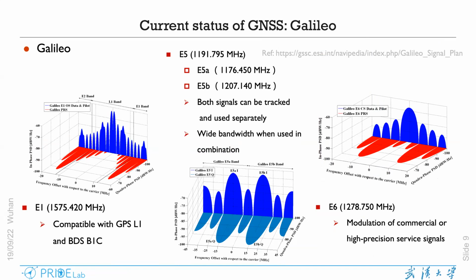In this case, it can be more resistant to multipath effects and can be more easily tracked in a very difficult situation, like under the trees or in urban canyons. This will improve the Galileo performance, especially in GNSS adverse environments, which is very important to applications such as self-driving vehicles.